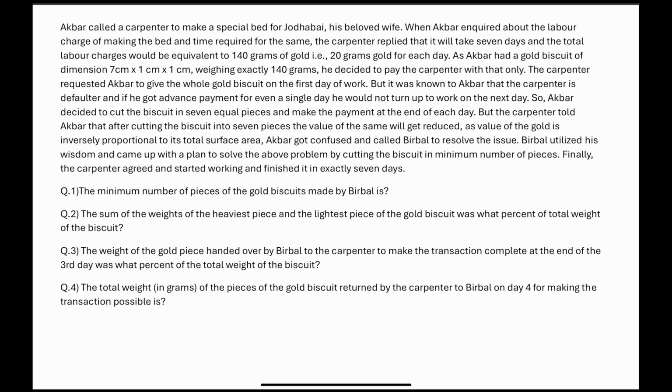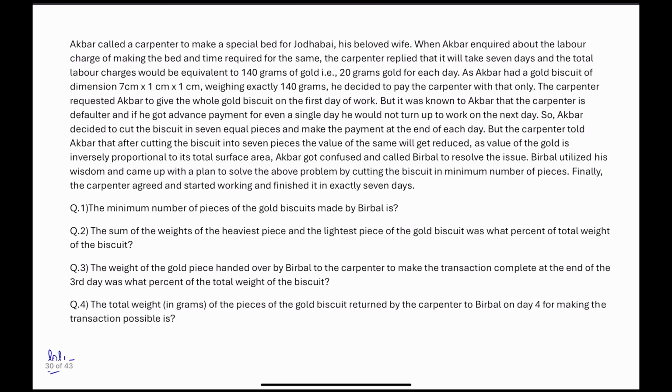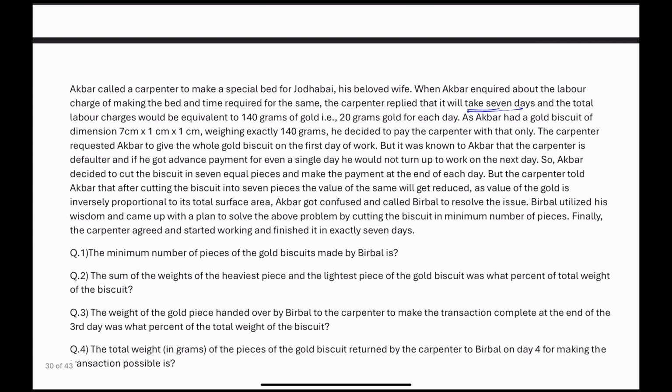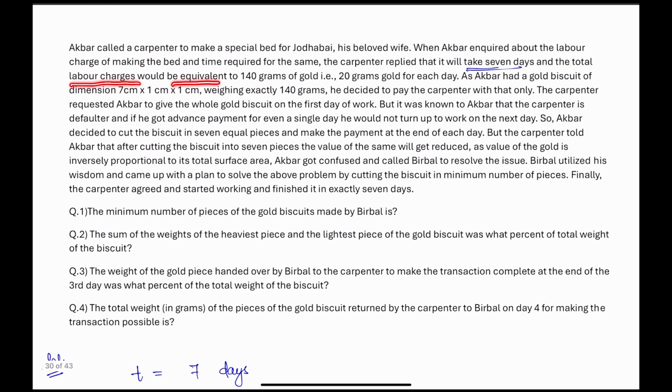Okay, so one point which I might need in the future, let's write it, that it takes t equal to 7 days time. Great. And the total labor charges would be equivalent to 140 gram of gold.